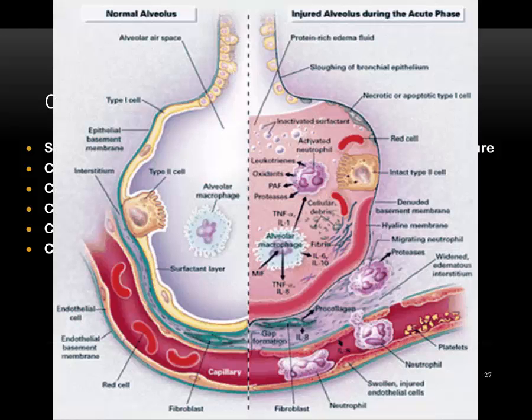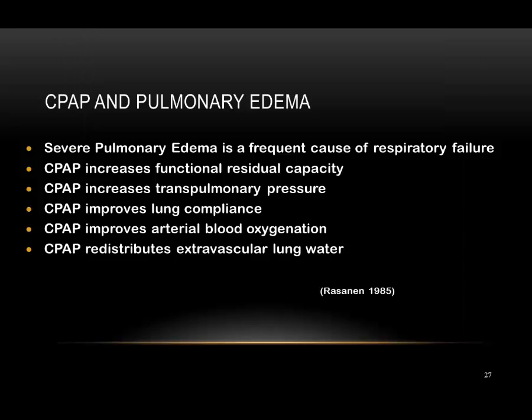Number 2, damage to the alveolar capillary barrier. Number 3, lymphatic obstruction. And number 4, idiopathic or some sort of unknown mechanism. Severe pulmonary edema is a frequent cause of respiratory failure.